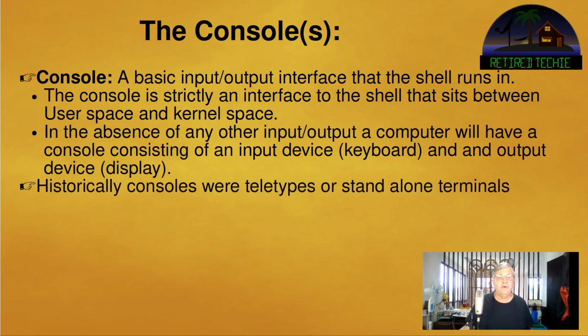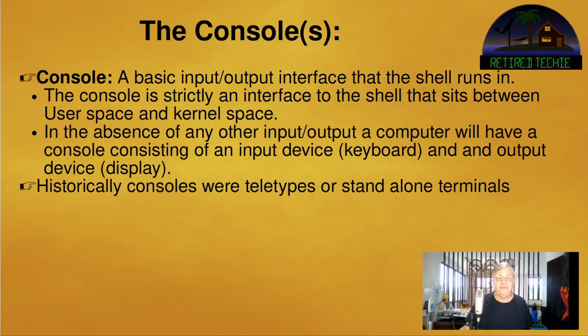Strictly your keyboard. Historically, consoles were things like teletypes and standalone terminals hooked to mainframe computers. Terminals basically had the intelligence needed to display characters on the screen and exchange messages via serial RS-232 with the mainframe computer, and that was about it. They were fairly simple devices.